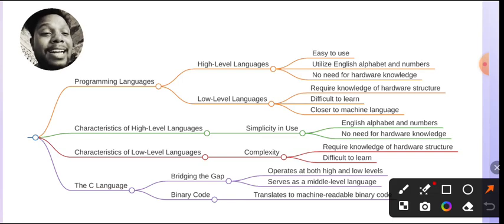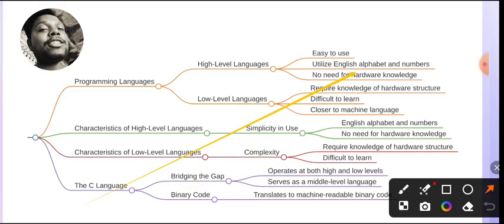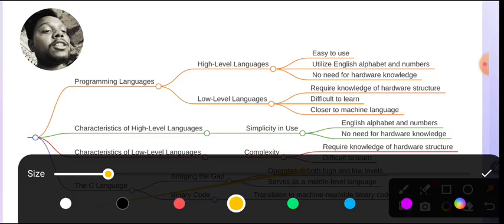Which kind of characteristics does C language have? C operates at both ends, high level language and low level language. C language has both kinds of characteristics. It works like a high level language, meaning it has English letters and numbers, as well as zeros and ones, machine qualities.